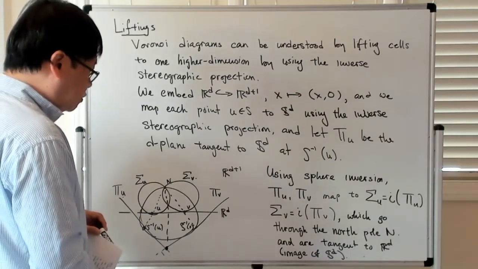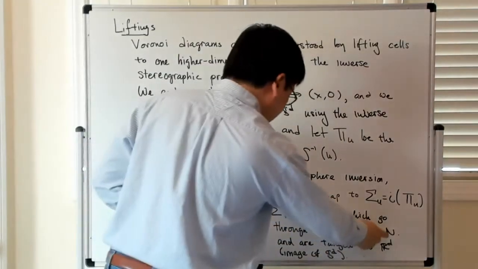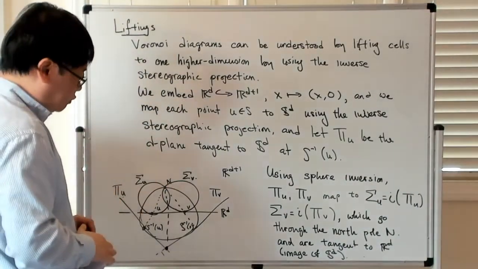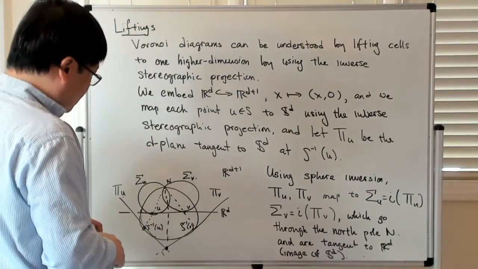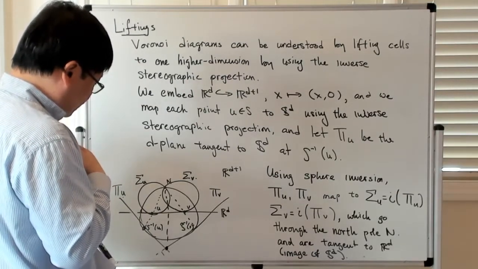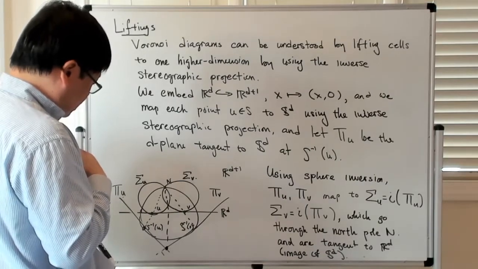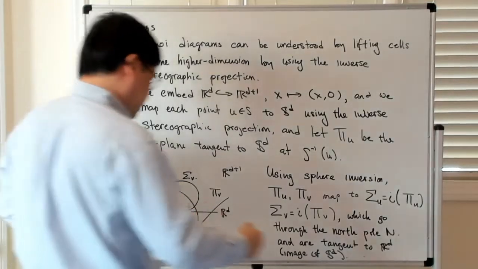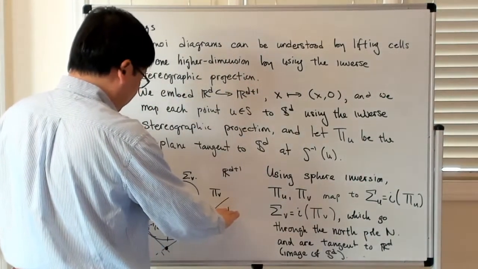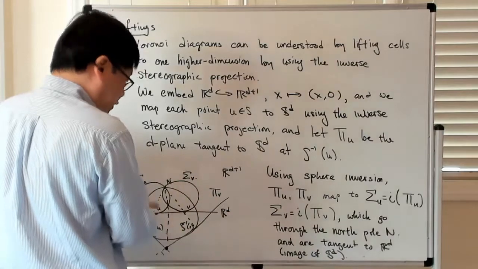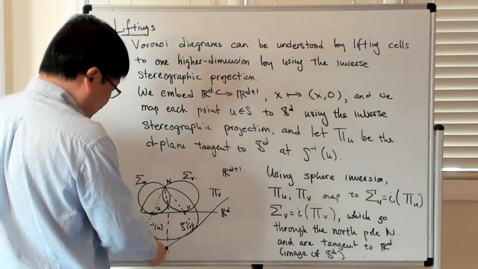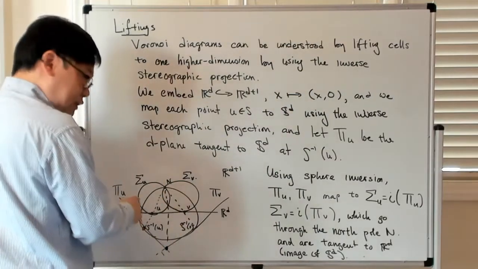Okay, so it's fairly clear that it goes through the north pole, because again, infinity gets mapped to the north pole, which is the center of the sphere. And then the other thing is that it is tangent to RD, because RD, if you recall, gets mapped to the sphere, and this original D hyperplane is tangent to the sphere.